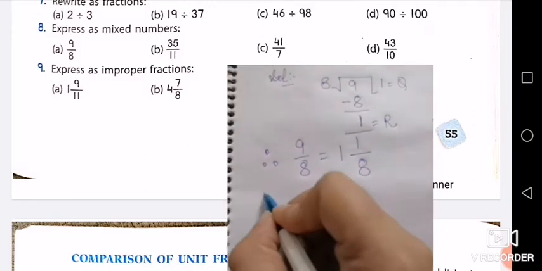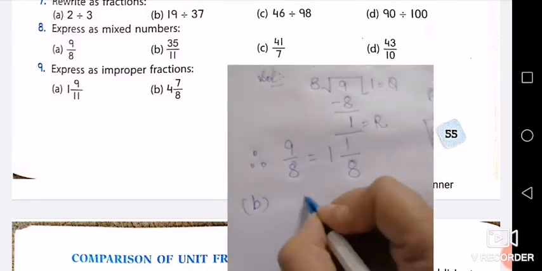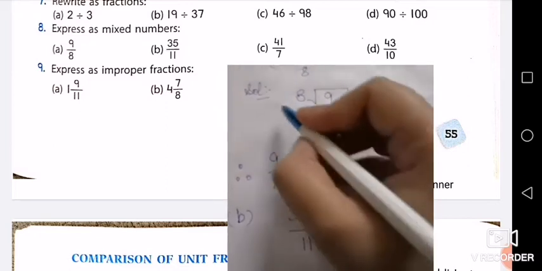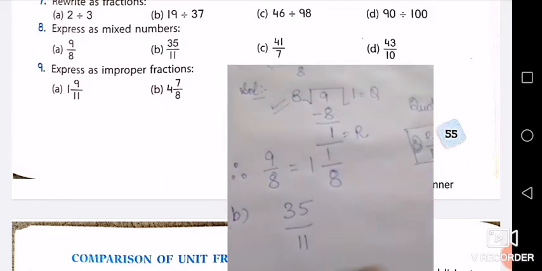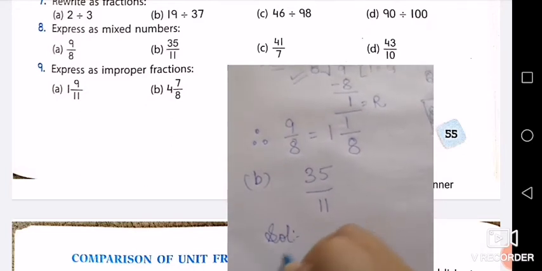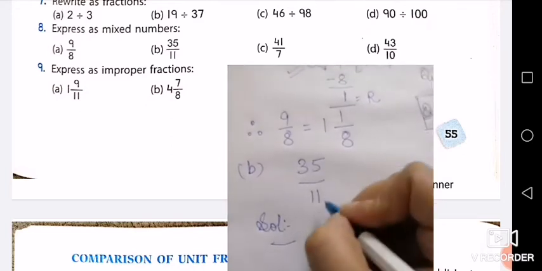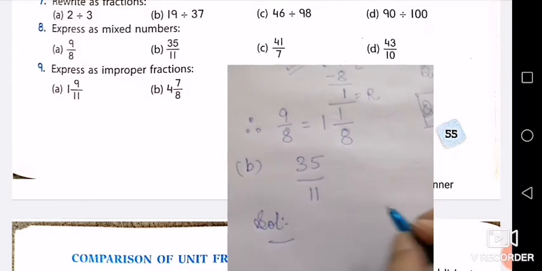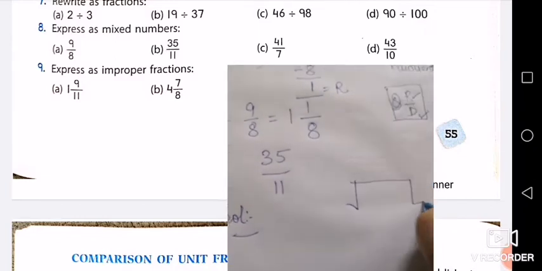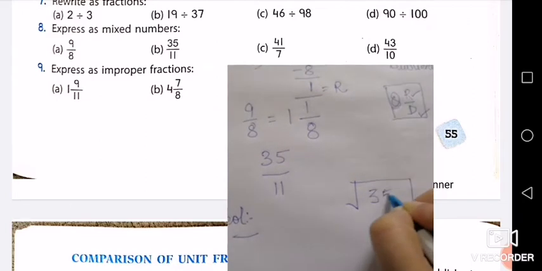Now we'll see B part, that is 35 by 11. Now this division you are going to show in every question. Whenever you do the solution of any question, when you are expressing any improper fraction as a mixed number, you must show this division in every question.